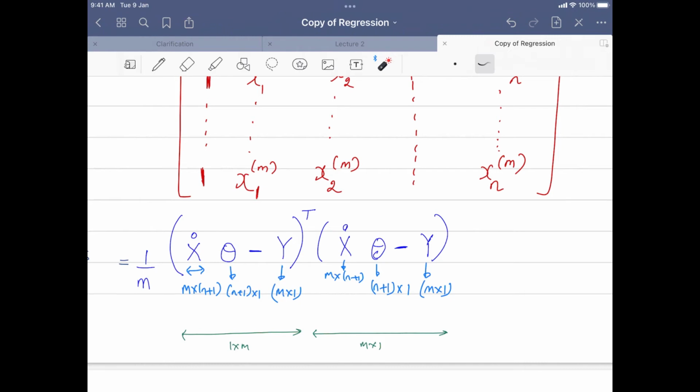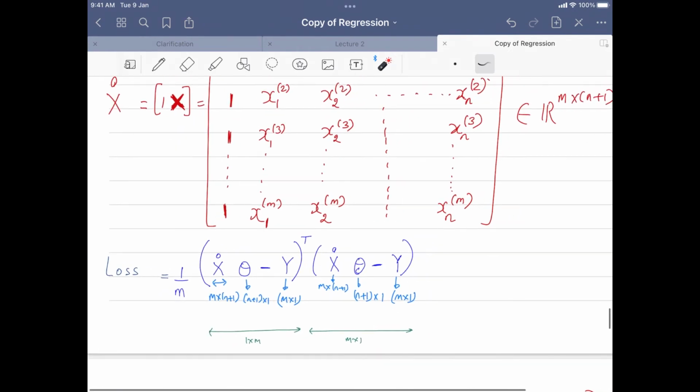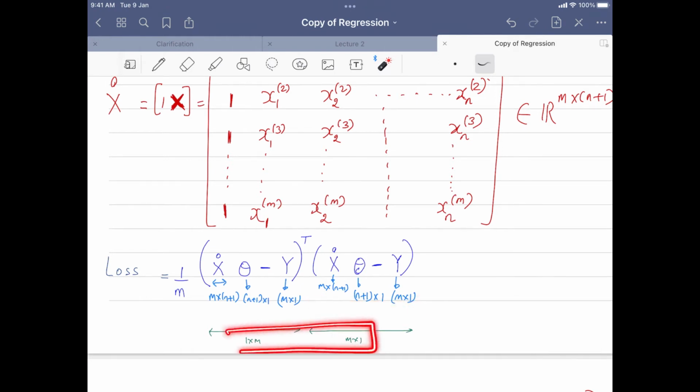Similarly for this, but the important part is, once you do the cross multiplication of these terms, this matrix dimension is 1 cross m, and this matrix dimension is m cross 1. And once you multiply these two terms together, you will get a 1 cross 1 scalar value, which is the loss function. And here m is the training samples, so you are dividing it by m.